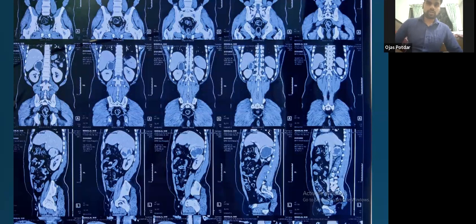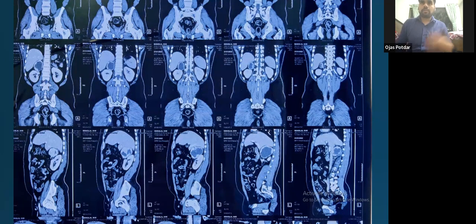Sir, in cases of adrenal, if the density is less than 10 Hounsfield units, it is more likely to be an adenoma, but that will be further confirmed by doing a contrast and a delayed washout phase. Whereas in other lesions like pheochromocytoma, the density is generally around 20 to 30 Hounsfield units.